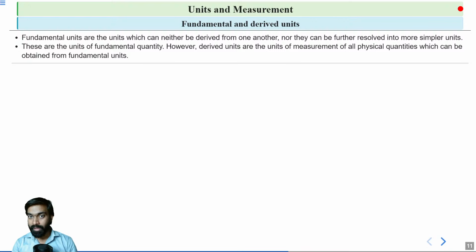However, derived units are the units of measurement of all physical quantities which can be obtained from fundamental units. For example, speed, volume, force. These are derived units from base quantities.